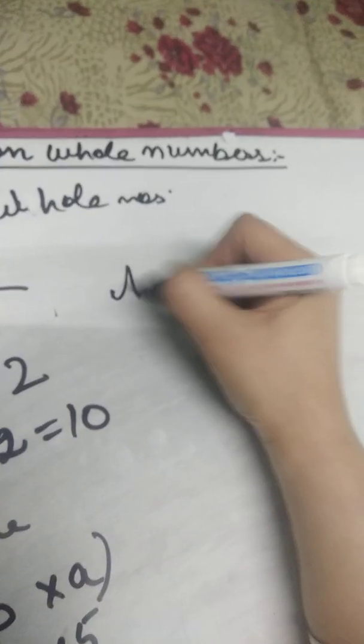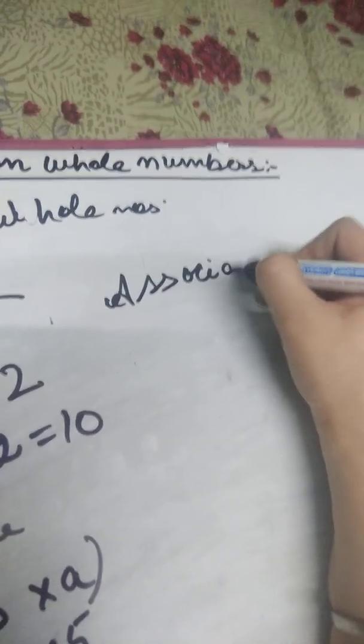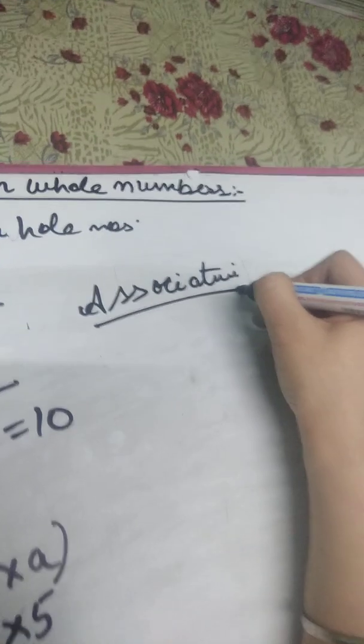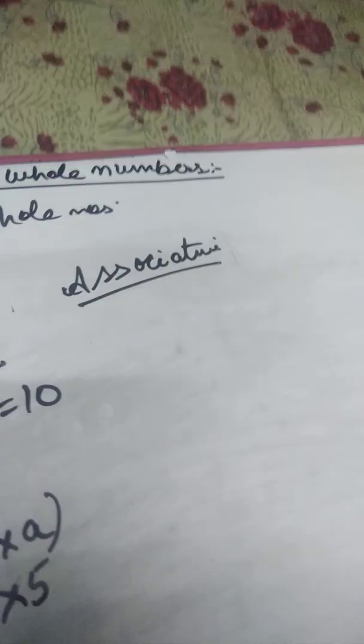So next we have the associative property of multiplication. The multiplication of whole numbers is associative.